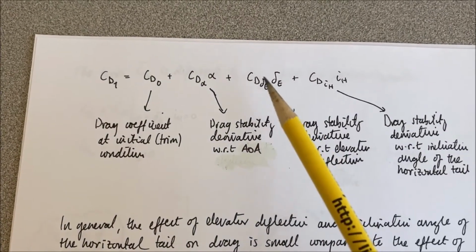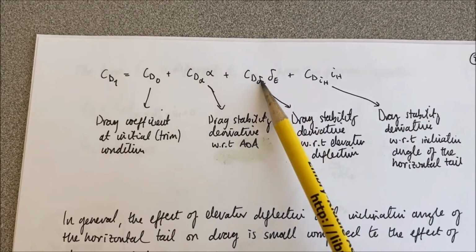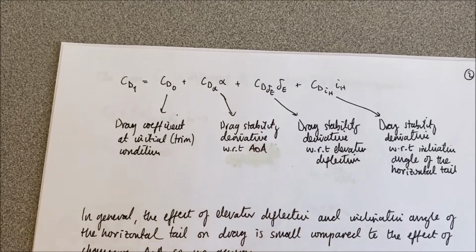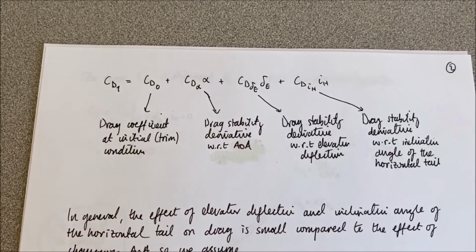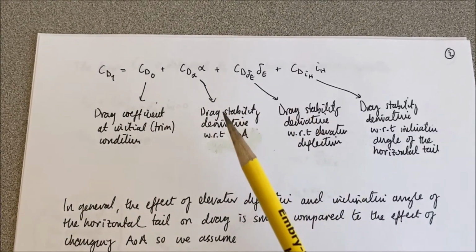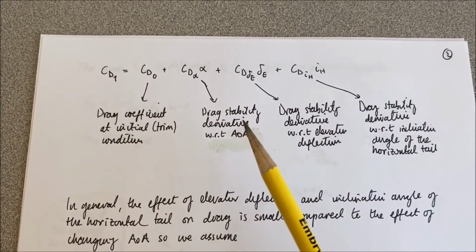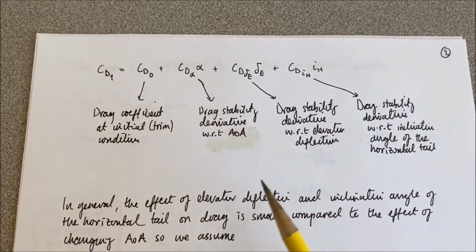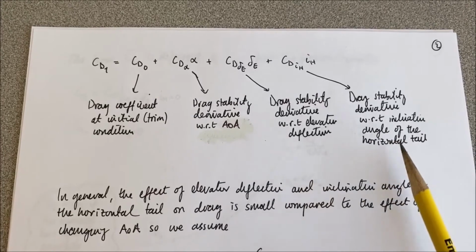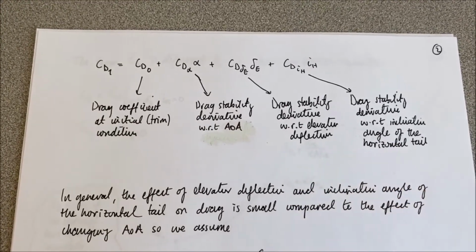And I do the same for the deflection angle of the elevator and for the inclination angle of the horizontal tail. Those derivatives are all referred to as drag stability derivatives, but with respect to a different variable: with respect to angle of attack, with respect to elevator deflection angle, and with respect to the angle of the horizontal tail.